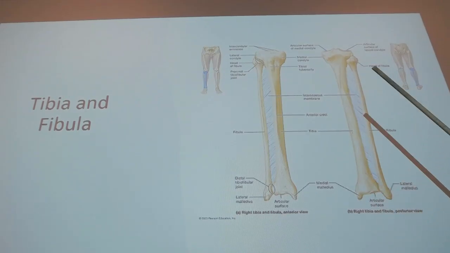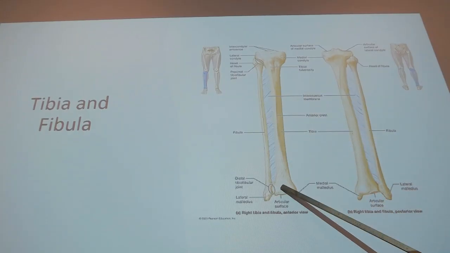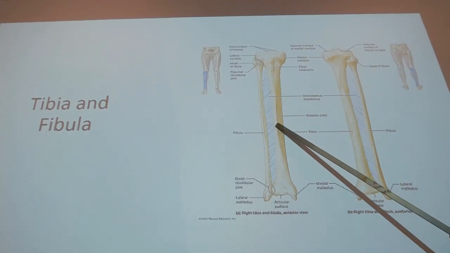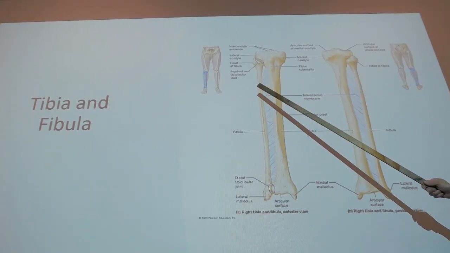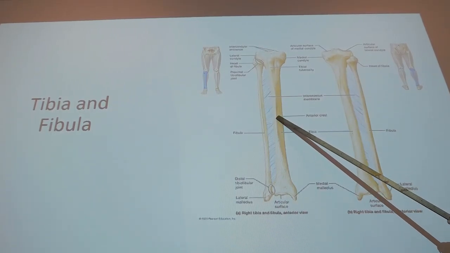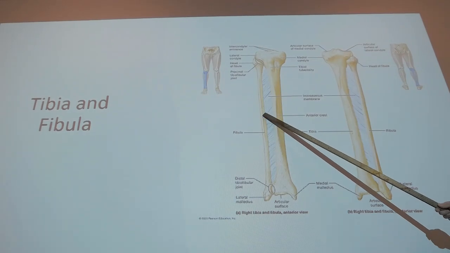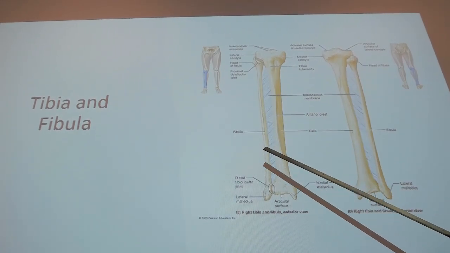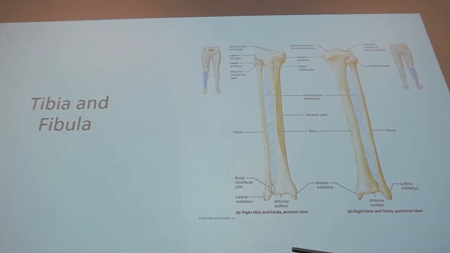Now here we have a syndesmosis, which basically is an interosseous membrane between the fibula and your tibia to basically keep these bones together and also to form compartments.